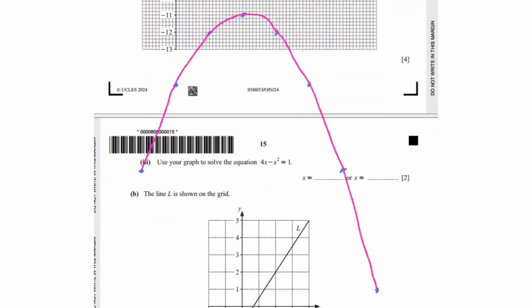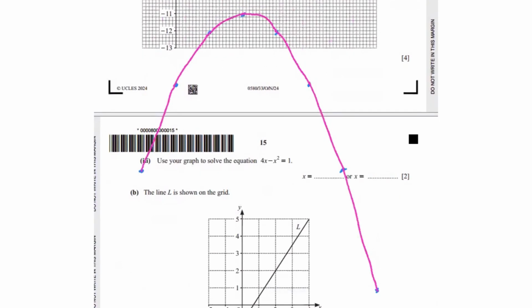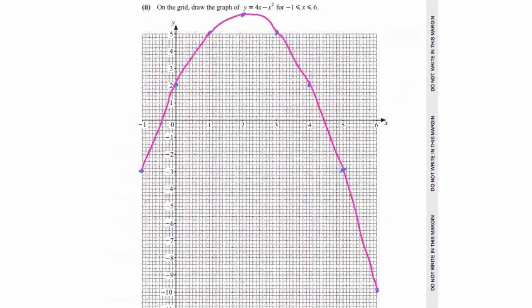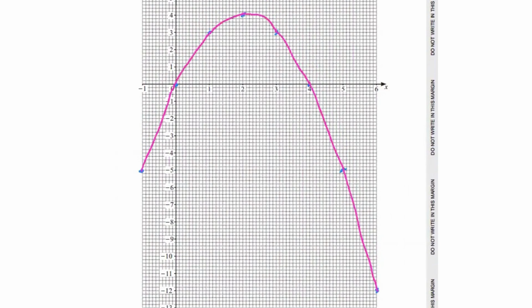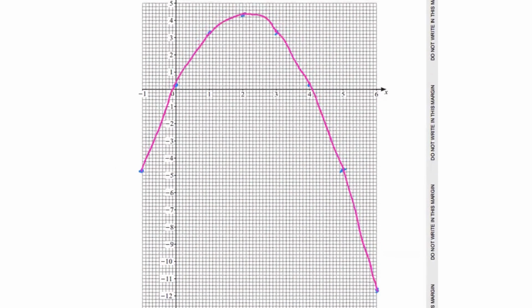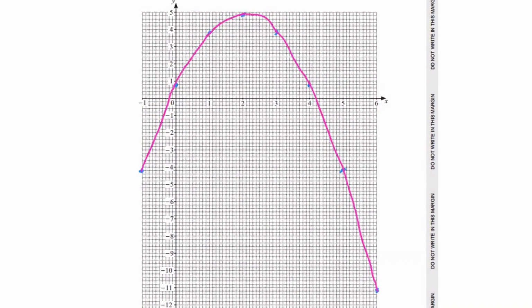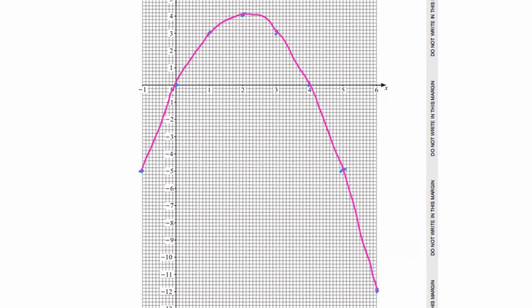Let's use a graph to solve the equation 4x minus x squared equals 1. So if you look at the original equation, they have replaced y with 1. That means we'll draw a line at y equals 1. This is our line.